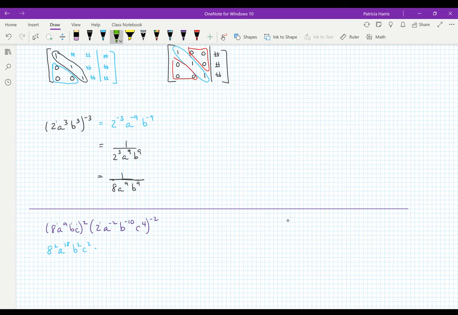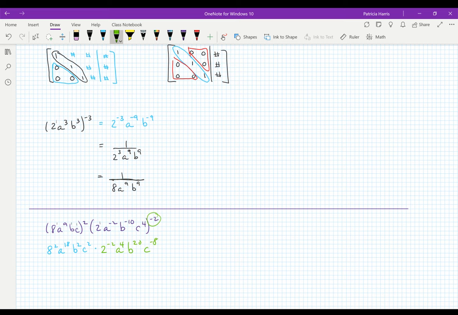Now I'm going to do the same thing, but now watch it. This guy's a negative. Okay, so that's going to be 2 to the negative 2. A, negative 2 times negative 2 is a positive 4. So it's no longer negative. So that's nice. And then B would be to the positive 20. And then C would be negative 8.